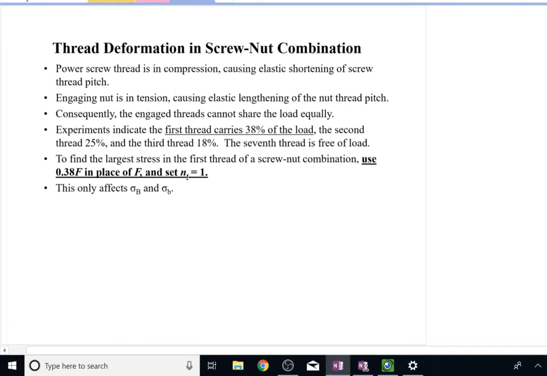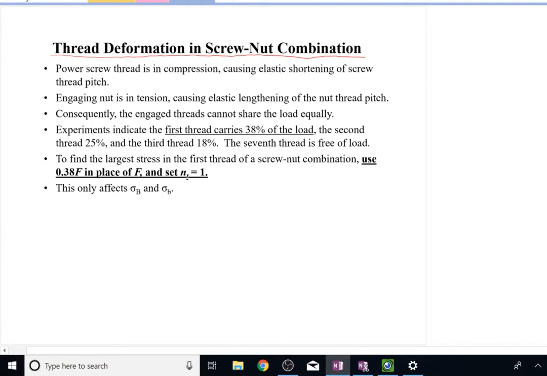Okay, here's another vaguely defined part of Chapter 8, the thread deformation in the screw nut combination.